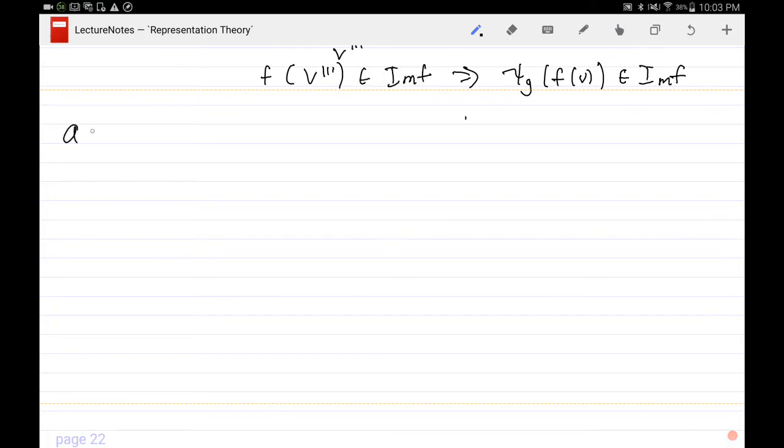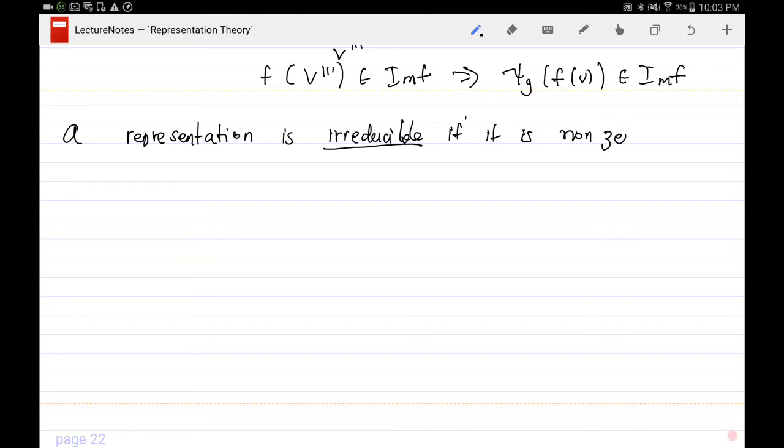A representation is irreducible if it is non-zero and has no proper non-zero sub-representations.